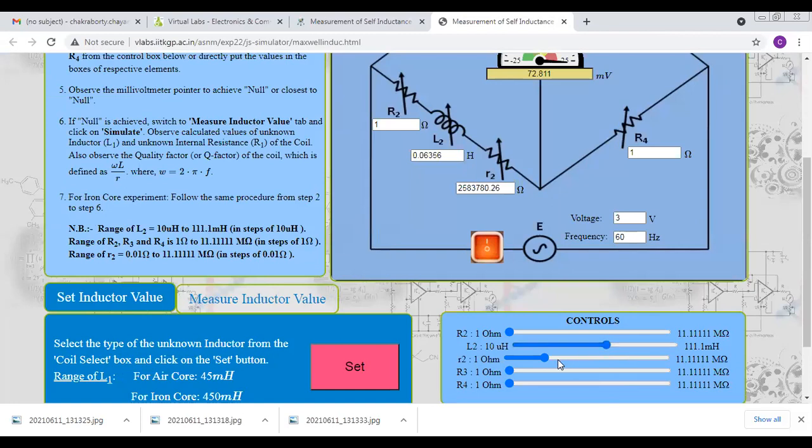Just reduce it. So, guys, you can see this 72 millivolt became static.